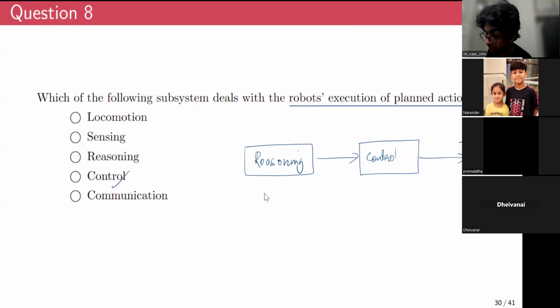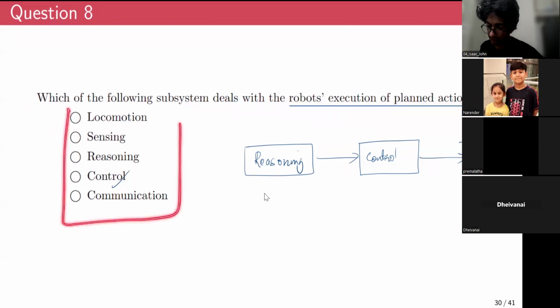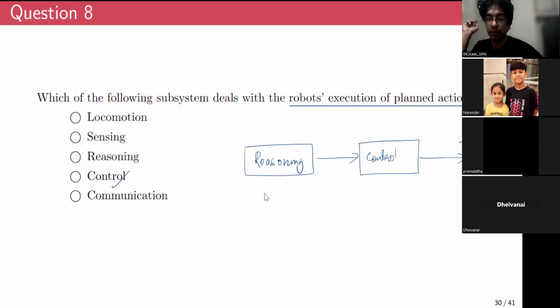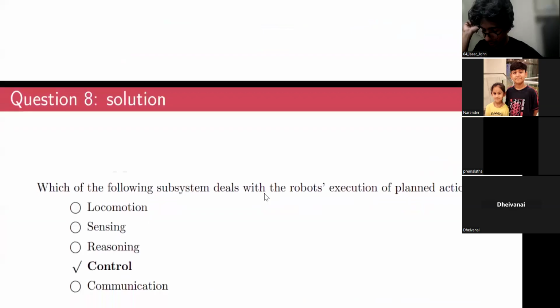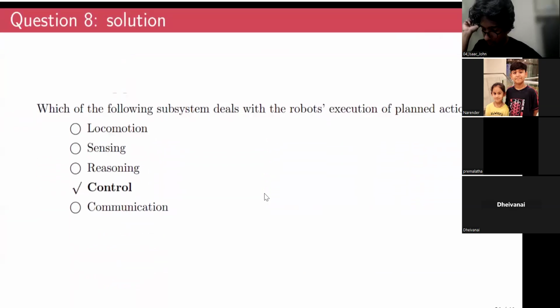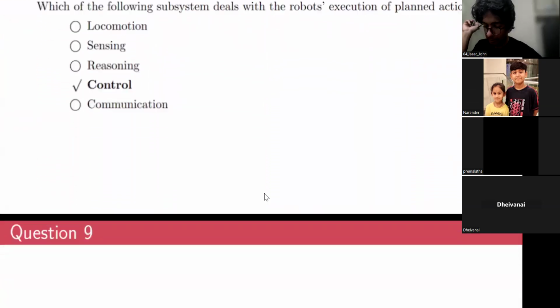So the subsystem that deals with the robot's execution of planned tasks is the controller. By definition, we have seen the definition of each and every subsystem of a mobile robot. It's a fairly descriptive question, and I suppose we shouldn't put much effort into debating that.